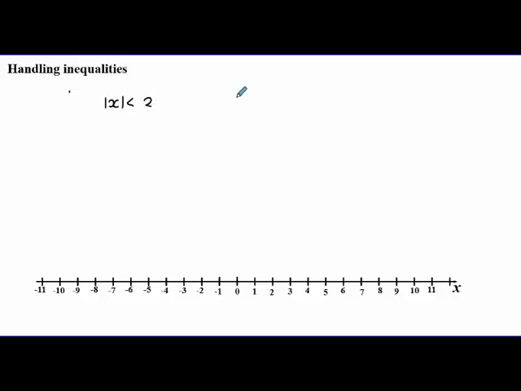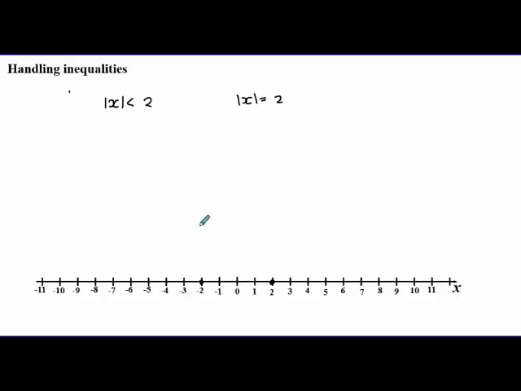Now if we talk of the absolute value of x equals 2, we know from what we've seen that we'll be talking about 2 exactly and minus 2. Then 2 and minus 2 are at a distance 2 from the reference point, which is 0.